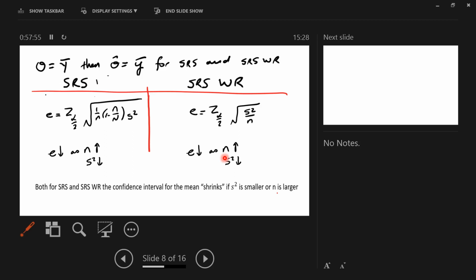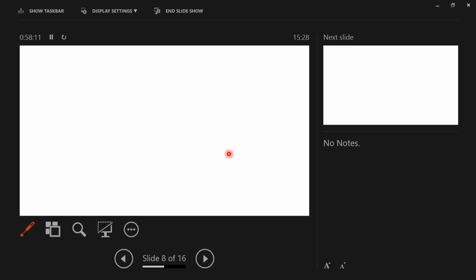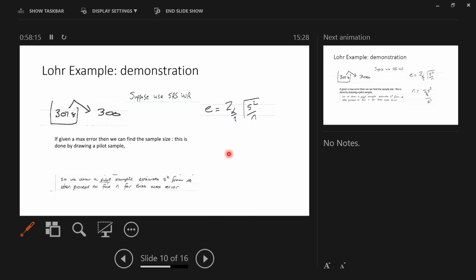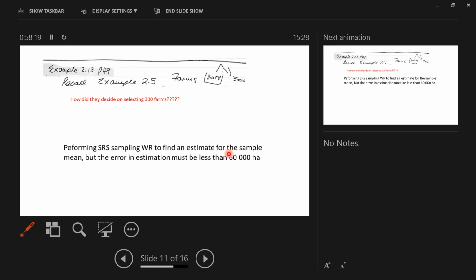He took 300. So that means his n has gone up. Well, obviously, your error must be at most 60,000 for 288, so if I take 300, the error will be even smaller. You see? So that is why it's good to take a larger n. That just gives you a minimum value.